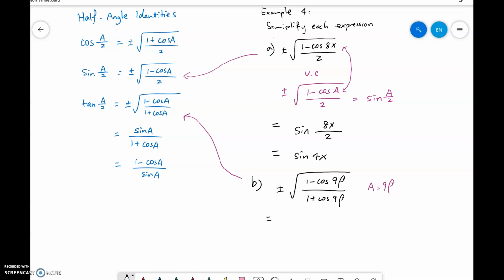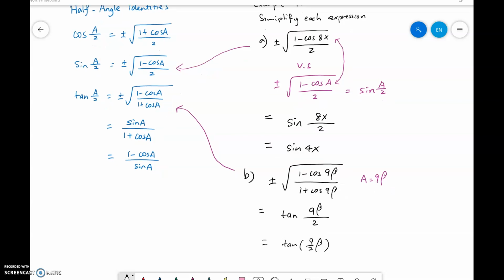With that said, the whole expression can be simplified as tangent of (A over 2), with A being 9 beta. So we can rewrite it as tangent of 9 over 2 beta, and that's it for the simplified expression problem.